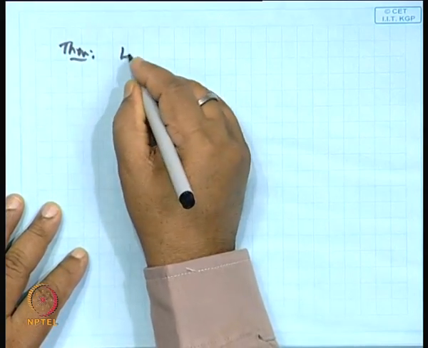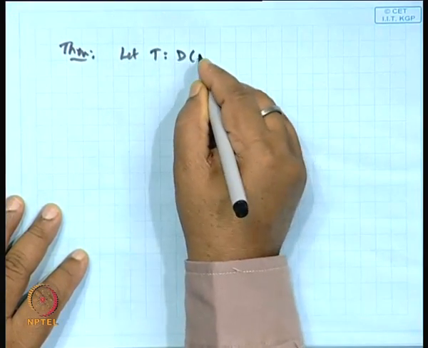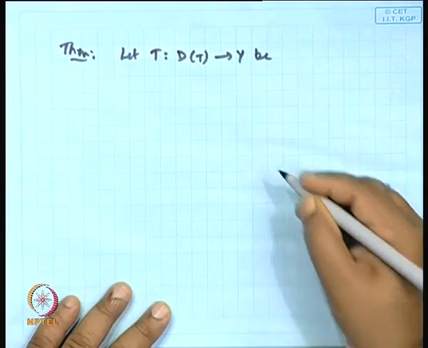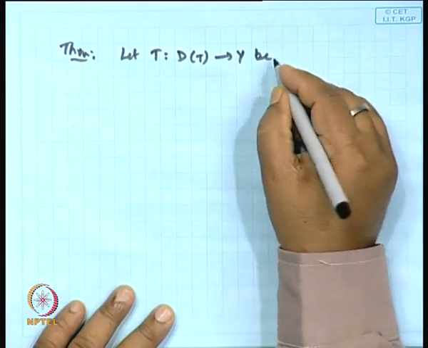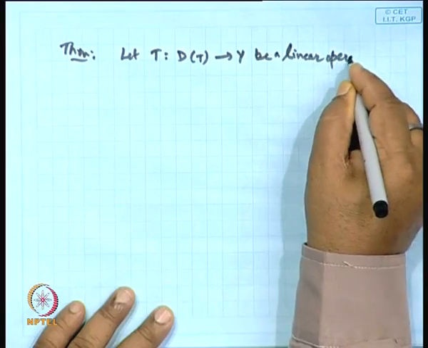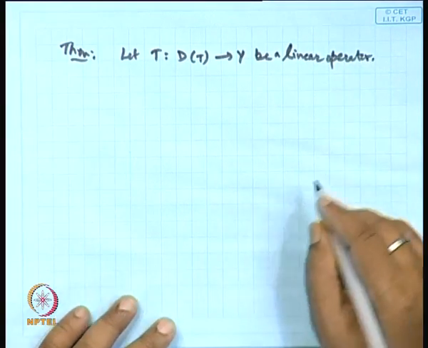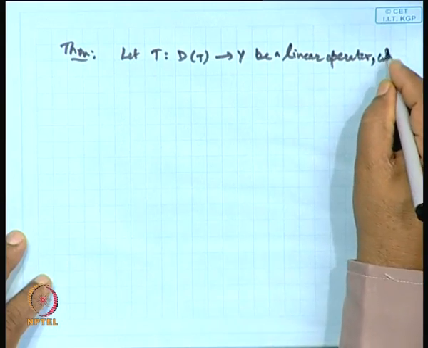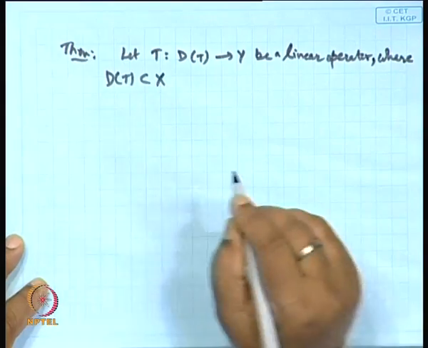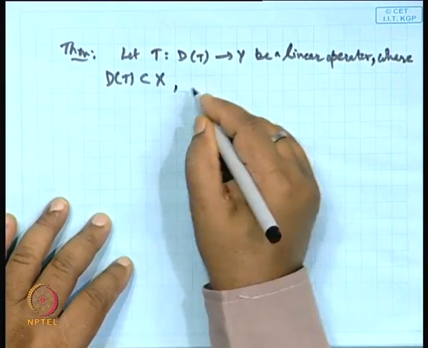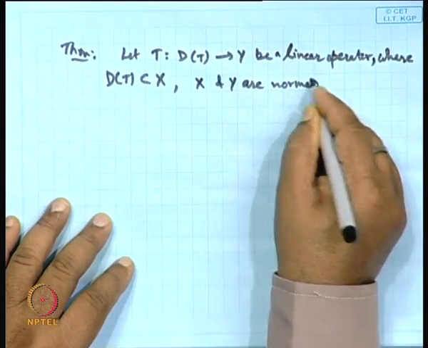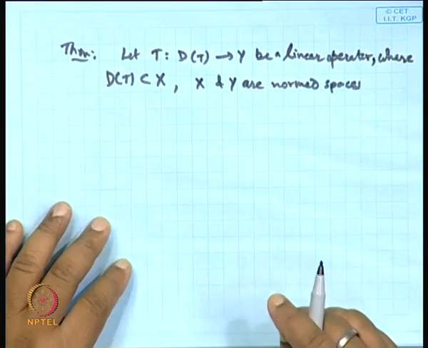Let T be an operator from D(T) to Y, a linear operator, where D(T) lies in X and X and Y both are normed spaces.